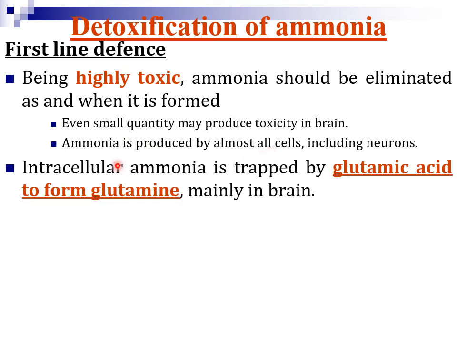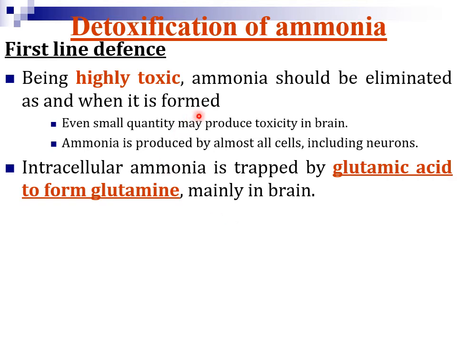ammonia. So the intracellular ammonia, whatever is produced by any reaction, will be trapped by glutamic acid. This glutamic acid will take that ammonia and get converted into glutamine in almost all the cells, but this mainly occurs in the brain. So this becomes the first line of defense.